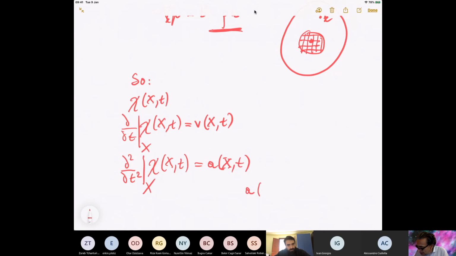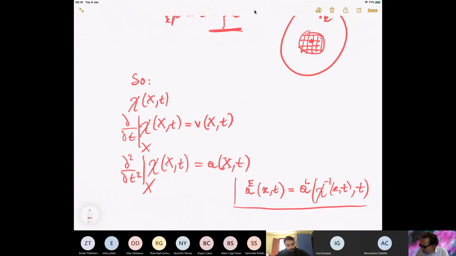What is a small x and t? This is, by definition, a. So the a Eulerian is the a Lagrangian calculated in chi minus 1 of small x, t, and t.